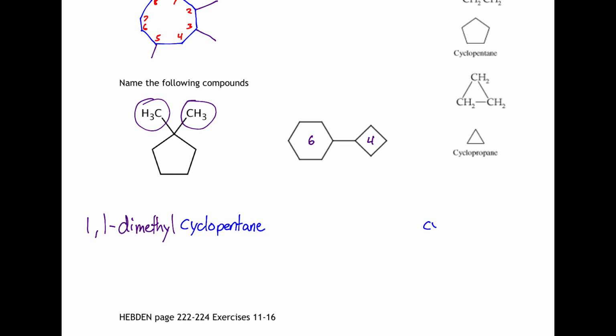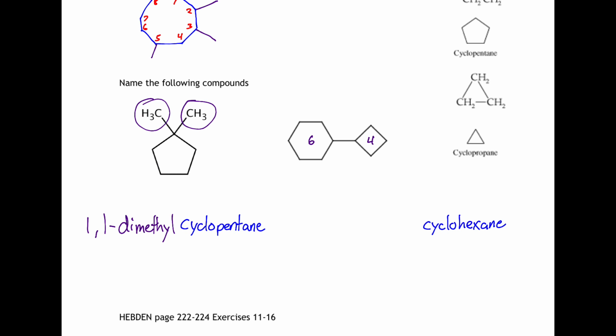Cyclohexane. And then I have to name my group of 4. What is the name of the group of 4? It's butyl, right? It's a butane group, so it's a cyclobutyl group.